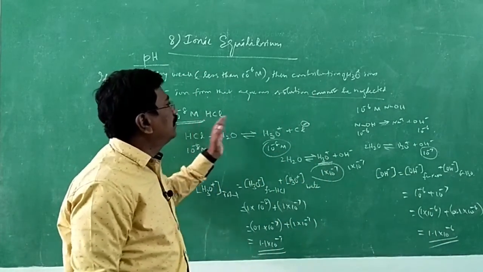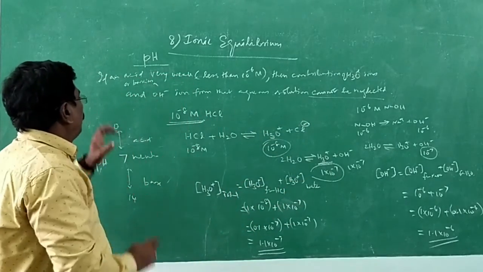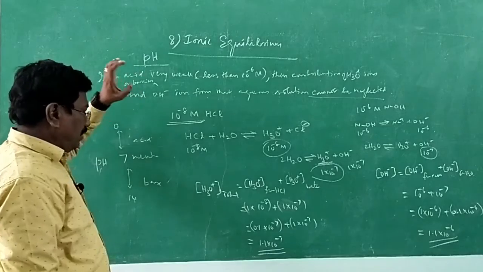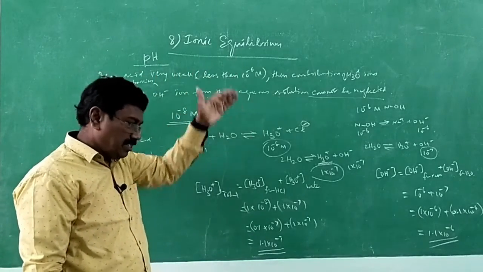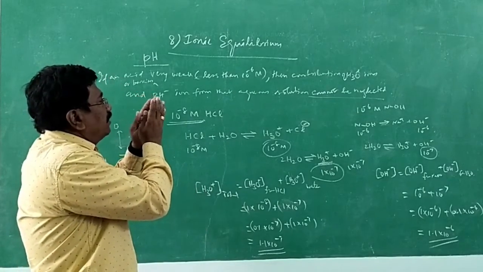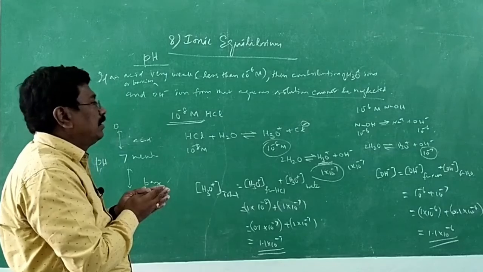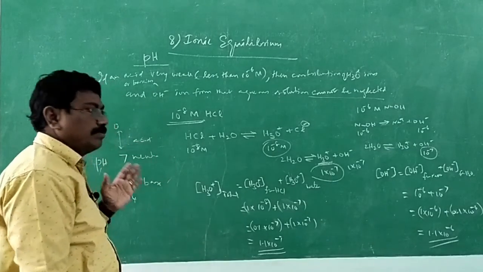This point you should be very clear in your mind, very, very important. All right. If an acid or base is very weak, of the order of or less than 10 power minus 6, we are not supposed to take the concentration of hydrogen ion as such. If we take it as such, the value may be totally wrong.